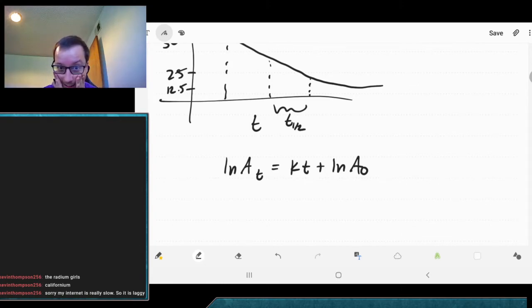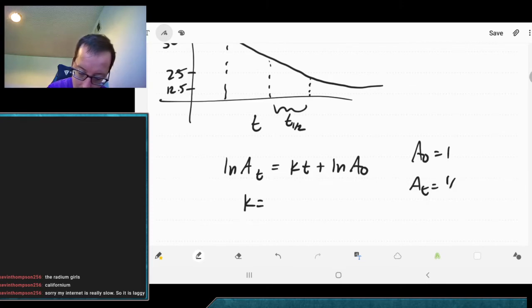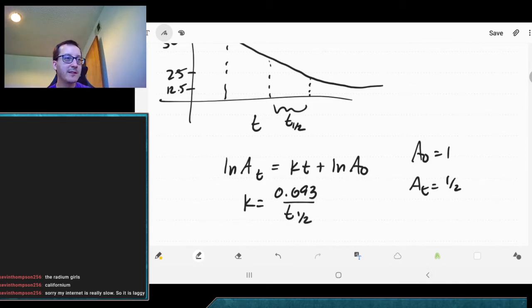It's been a while since I've looked at kinetics too, so forgive me if I'm wrong. Let's double check the book here. Do I have this right? I think so. And so if we substitute it for 1 and half respectively, we end up getting 0.693 over your half-life will be your rate constant.